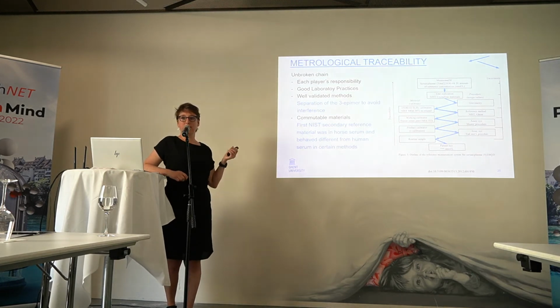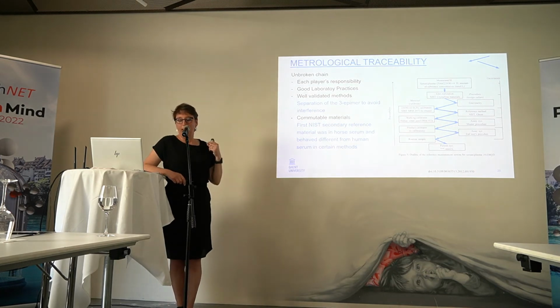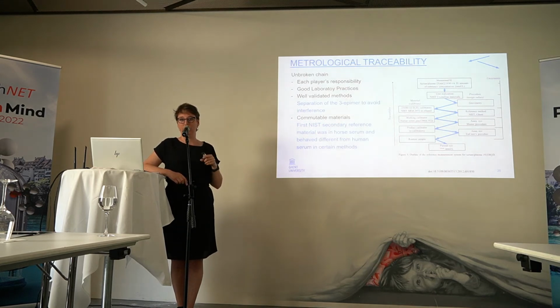On the general slides, I have a line with all the responsibilities, who's responsible for which level. And this is where good laboratory practices come into play for us as application laboratories. Because it's our responsibility that we do a good job, that we make sure, if we say I measure PET 16:0/18:1 in whole blood, that is exactly what I do.